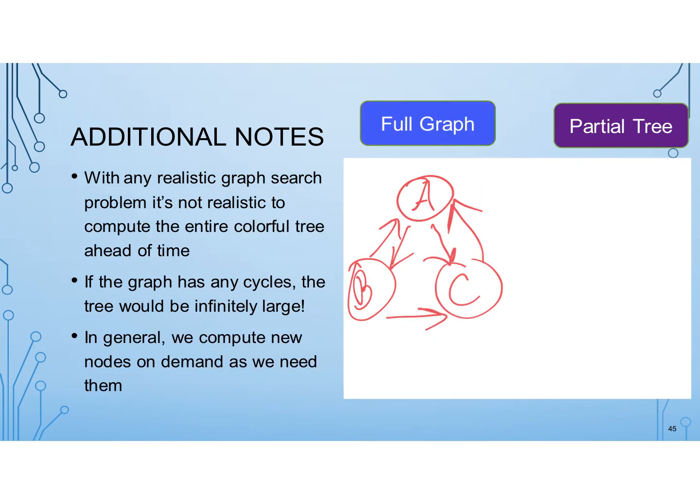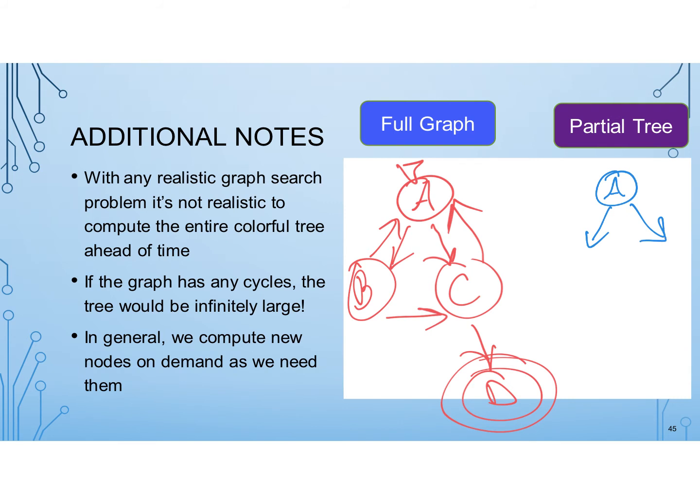So in general, suppose that A is the start state for my graph, and maybe there's an arrow from C to D, which is the goal. But what we actually end up doing is we walk through this slowly. I start with the root of my tree as A, I expand it, and I get B and C. Depending on what kind of search I'm doing, maybe I'm not doing depth first search, so maybe I'm expanding C again.